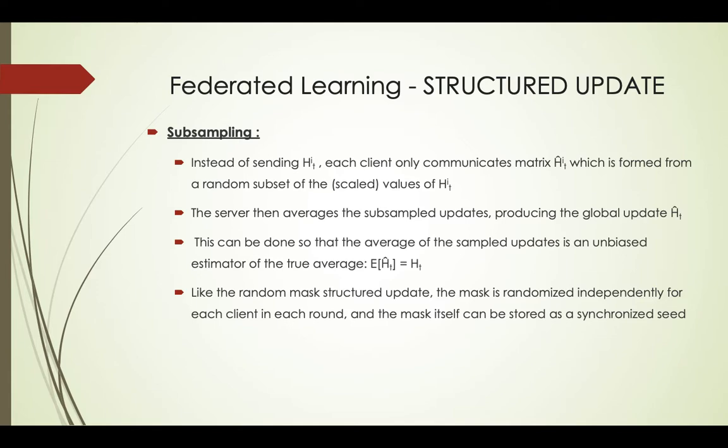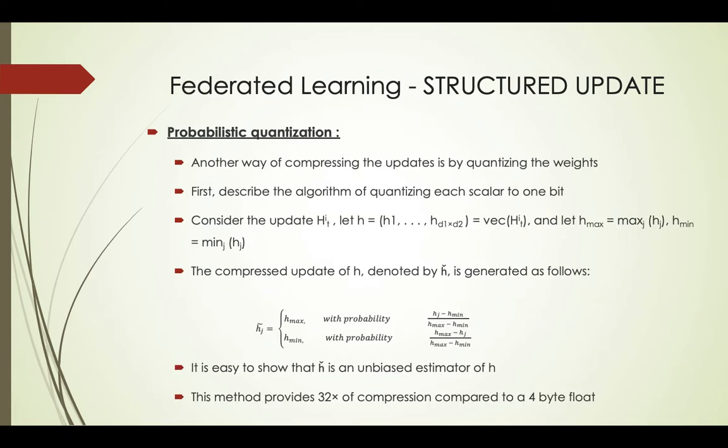This can be done so that the average of the sampled updates is an unbiased estimator of the true average, E[H^t bar] equals H^t. Like the random mask structured update, the mask is randomized independently for each client in each round, and the mask itself can be stored as a synchronized seed.